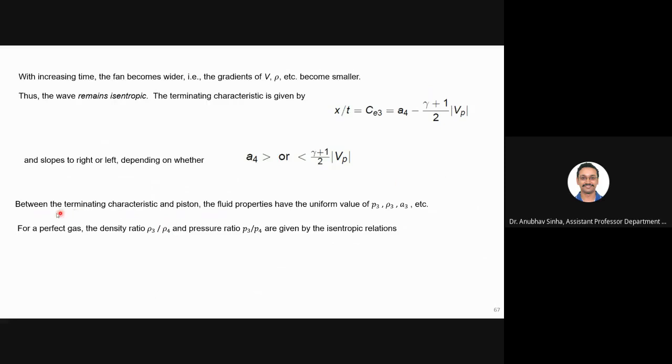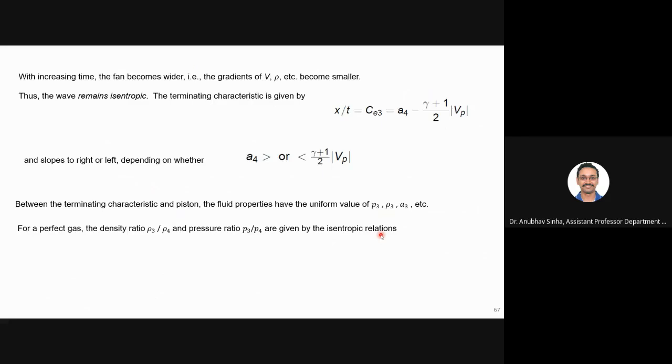And between the terminating characteristic and the piston, we assume that between your wave and the piston surface, these properties are uniform: pressure, density, and speed of sound. And for a perfect gas, we say that the density ratio and pressure ratio are given by isentropic relations.